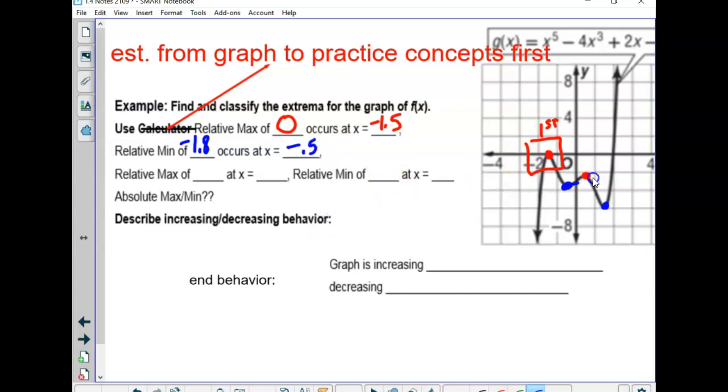Then there's a relative maximum. Okay, what's the y value here? -1.3 sounds fine. And the x value where that's happening is 0.5, I don't know. And then we get over to this guy, and this is a relative minimum.